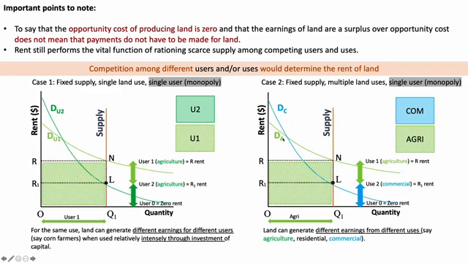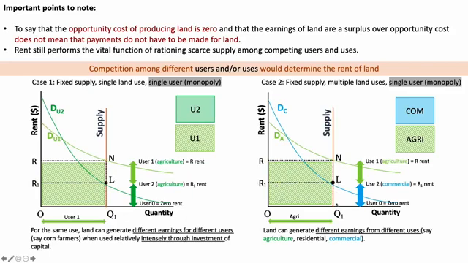However, since we are assuming that there is a single user, the single user would use the full land for only one purpose, and therefore we are assuming that he would use the land for agricultural purpose only, because, given that he has to use the entire quantity of land Q1, the point of intersection N generates greater rent than the point of intersection with commercial land use, which generates lower rent.